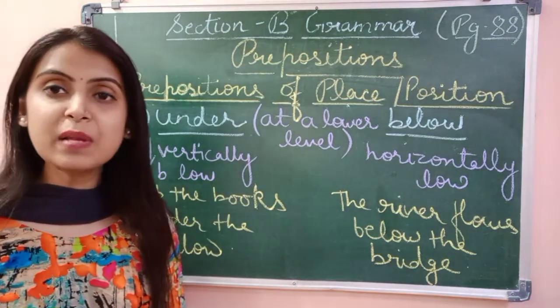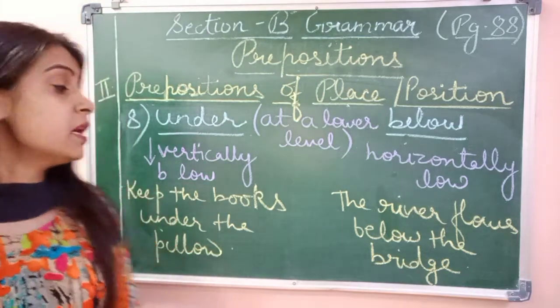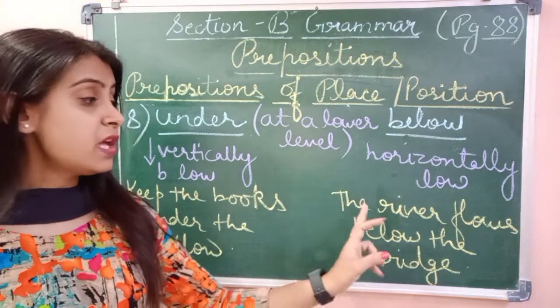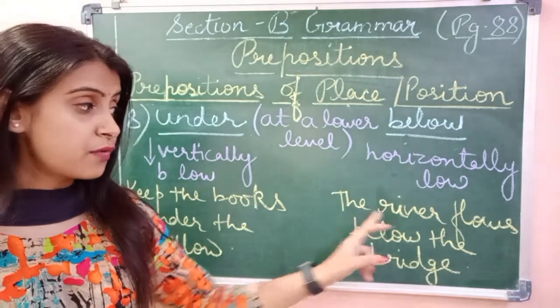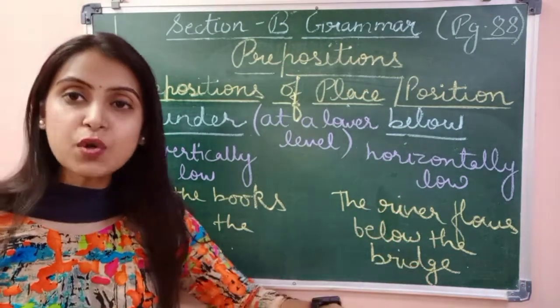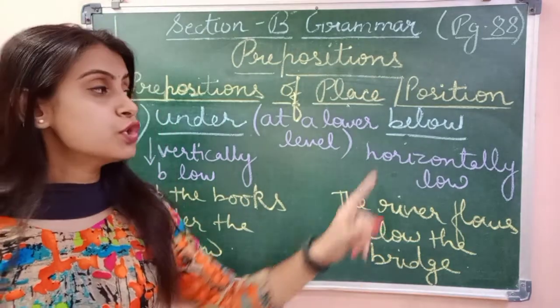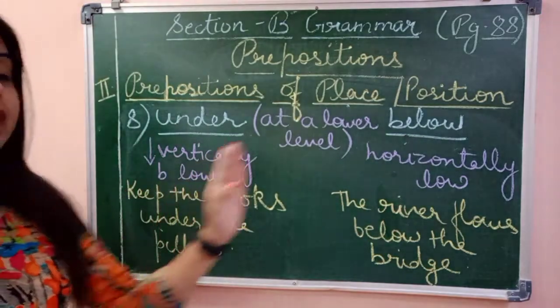So the books will be kept at a lower position vertically. Fine. So we will use under. Then here if I say the river flows below the bridge, it means the river is not flowing vertically. It will flow horizontally, covering a large area at a low position. So we have used below. So this is the difference between under and below.